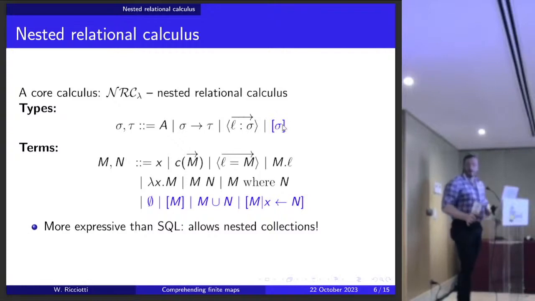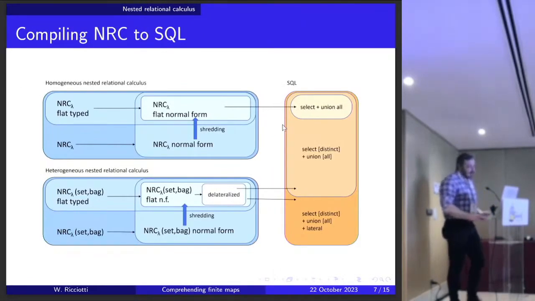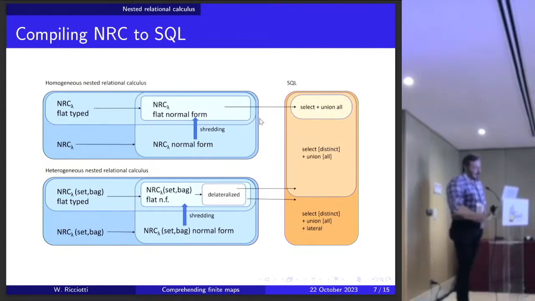So in a way, this calculus is immediately more expressive than SQL. But it's more expressive in a manageable way. And this is what we want to do with NRC queries.